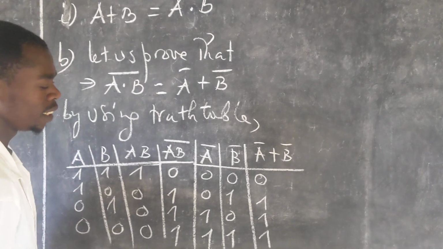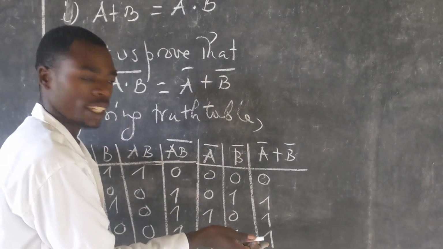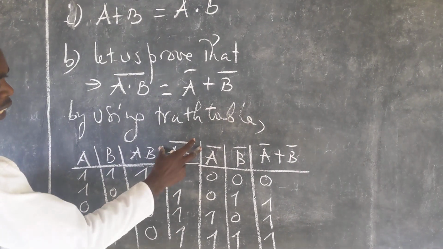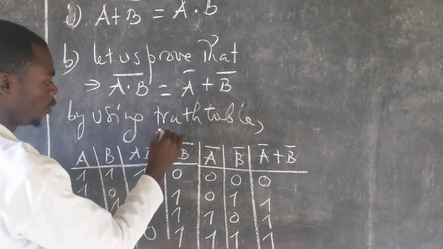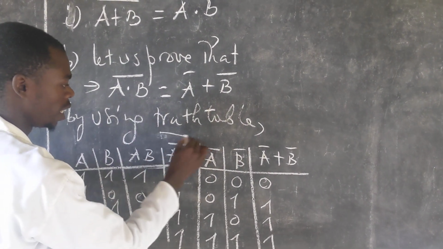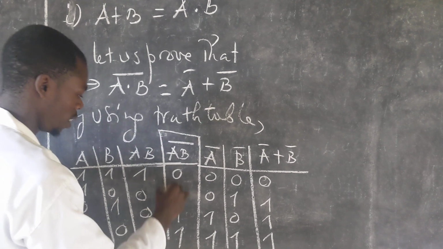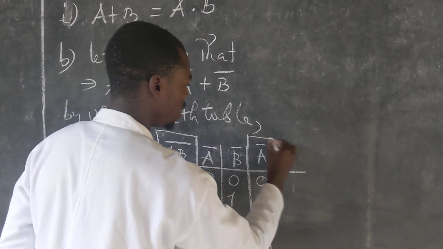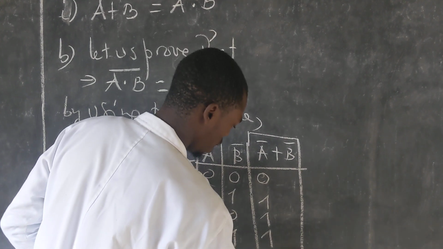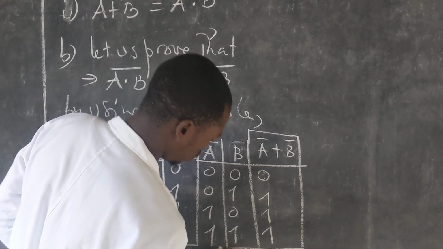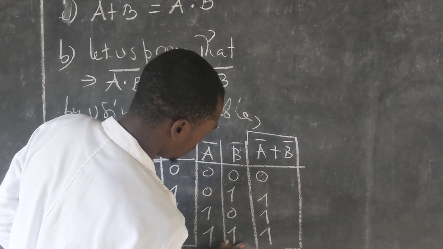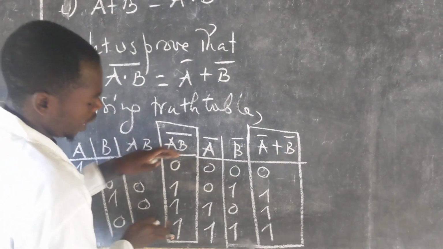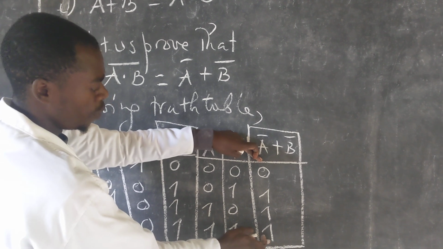So now let us see whether this column here is equal. You see, if we highlight this one here and this one, the values we have here are equivalent to the values we have here.